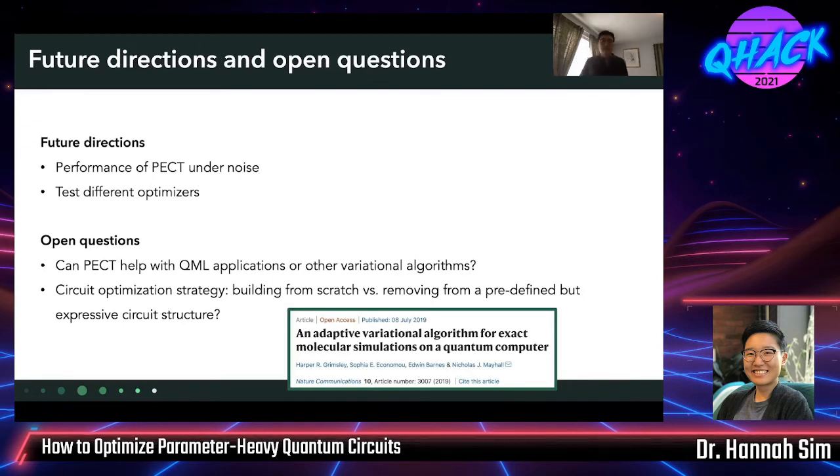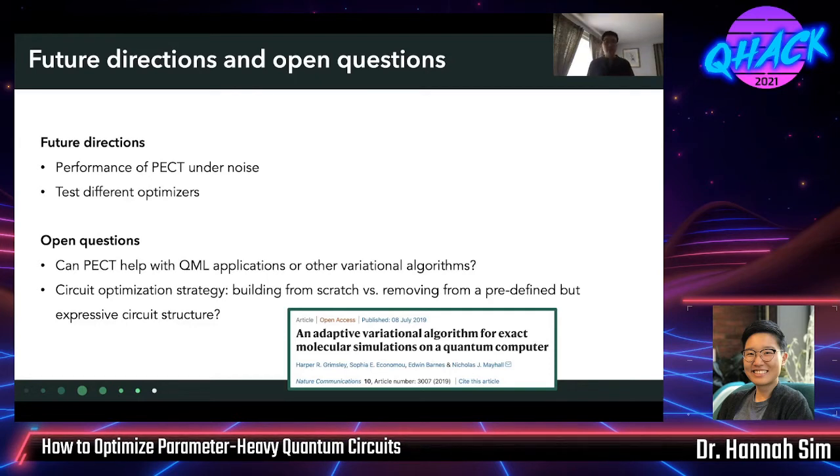And so for some future directions, all the simulations that we showed today were of PECT without noise. But in order to show that PECT is a good method to use even in experiments, we need to test PECT under noise. Also, there was that flexibility of choosing different optimizers, so it'll be great to test different types of optimizers beyond the L-BFGS-B and SLSQP.